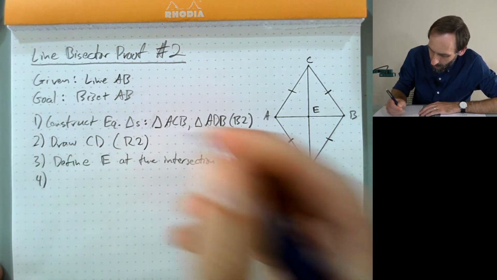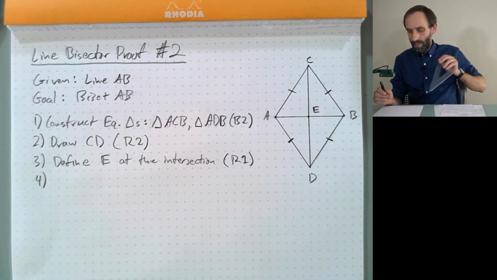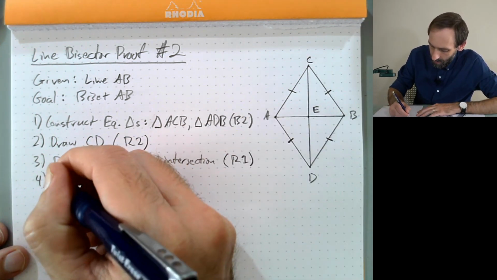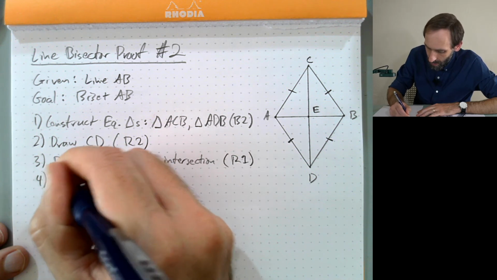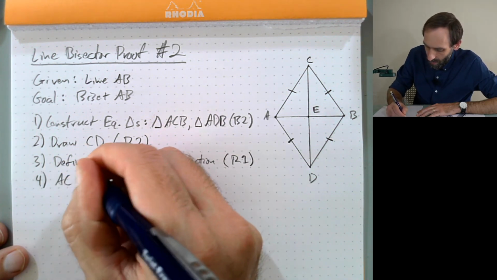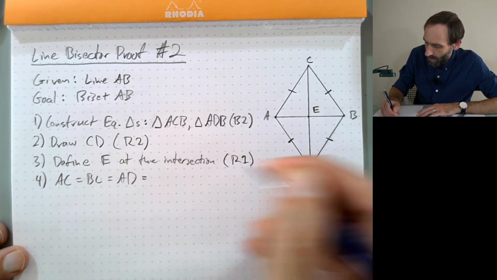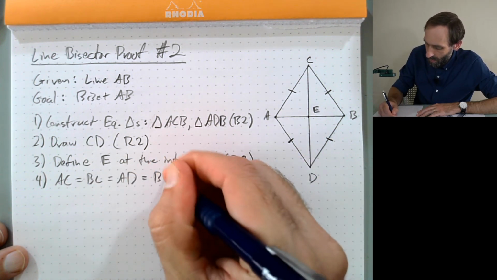All right, so step 4, we're going to point out that AC equals BC equals AD equals BD.